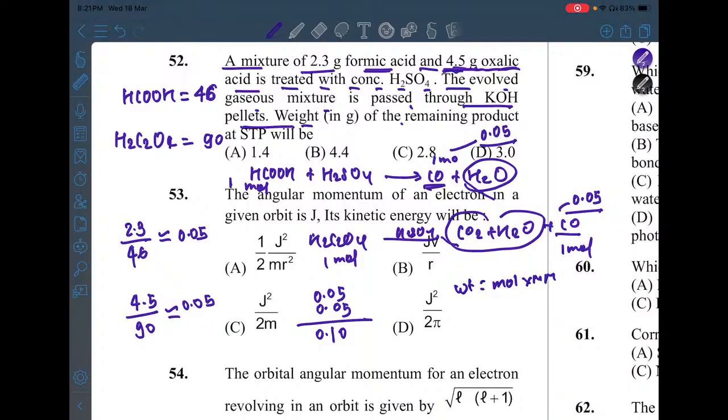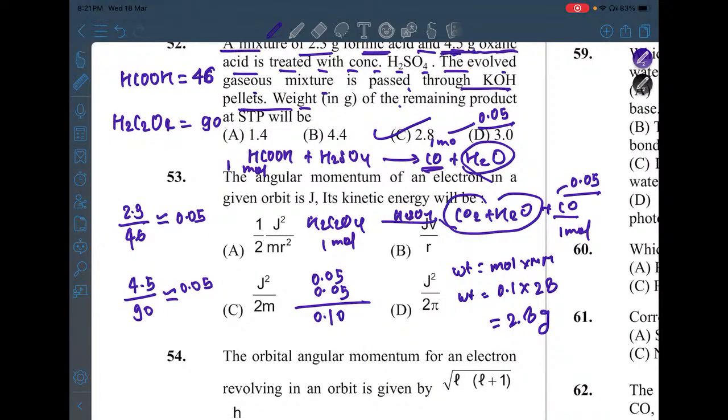Moles is 0.1 and molecular mass is 28, so we get 2.8 gram of carbon monoxide. So option C is correct. This is an important question. The answer of this question is 2.8.